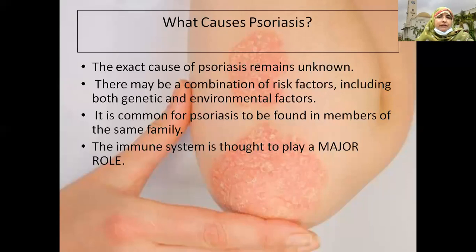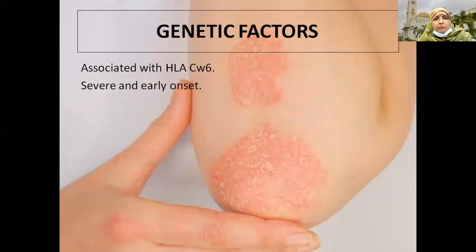As I told you, it's inflammatory, so immune system comes into play and causes some inflammation. How? We'll see later. And among the genetic factors, if the onset is severe and early, it is associated with HLA CW6, that is human leukocyte antigen CW6. Genetic factor is there, yes.